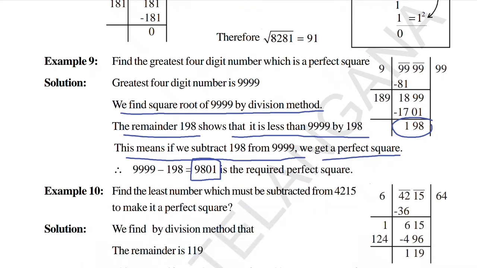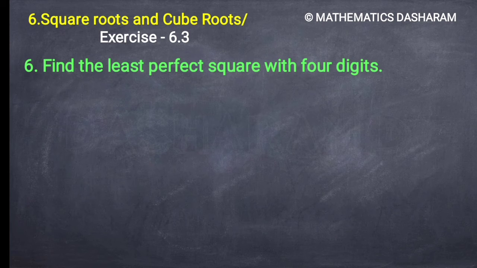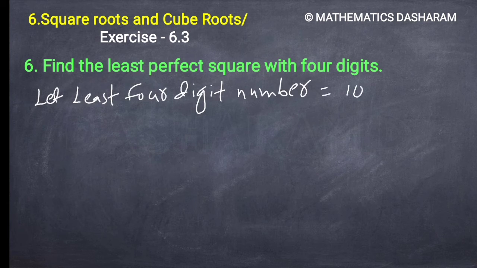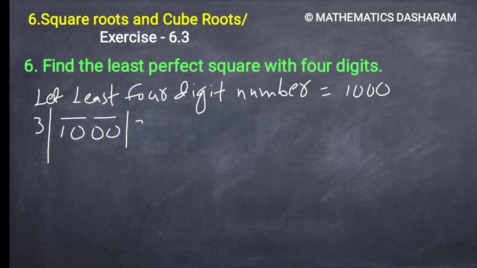In the same process, let's do the exercise problem. Here let's select the least 4-digit number, that is 1000. Let's do the division process for this. Here 3 3s are 9, the remainder is 1.